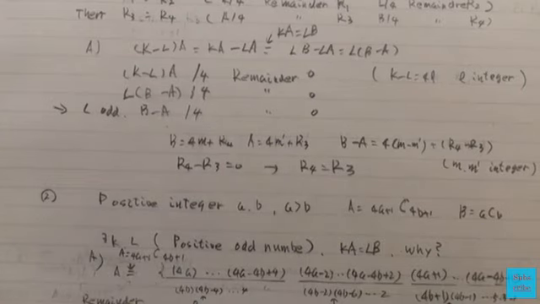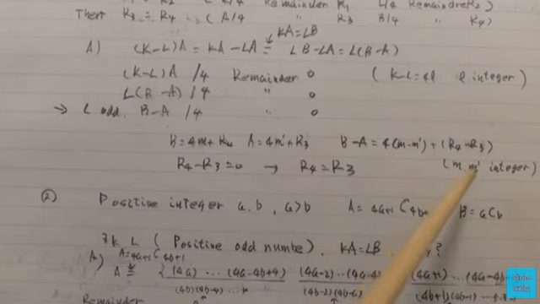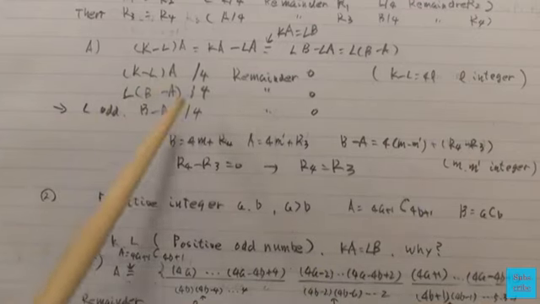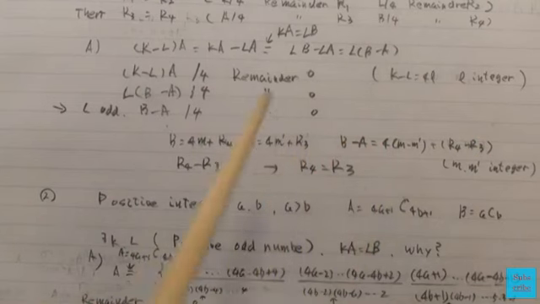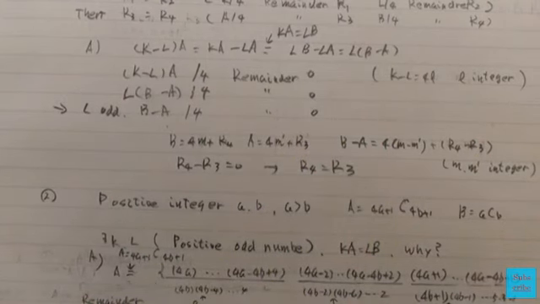B minus A equals 4 times (M minus M dash) plus R4 minus R3. Now M and M dash are integers, and B minus A divided by 4 has remainder 0, then R4 minus R3 equals 0, then R4 equals R3. I could say.